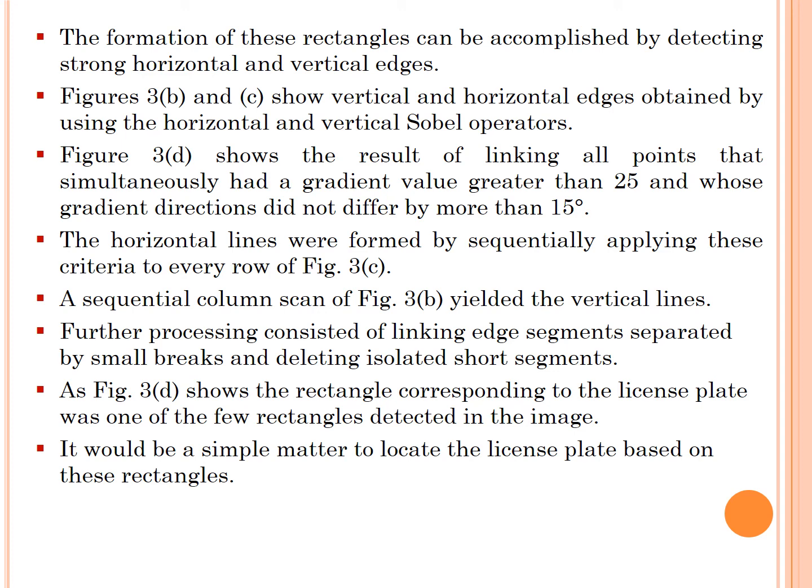The horizontal lines were formed by sequentially applying these criteria to every row of figure 3c. A sequential column scan of figure 3b yielded the vertical lines. Further processing consisted of linking edge segments separated by small breaks and deleting isolated short segments.